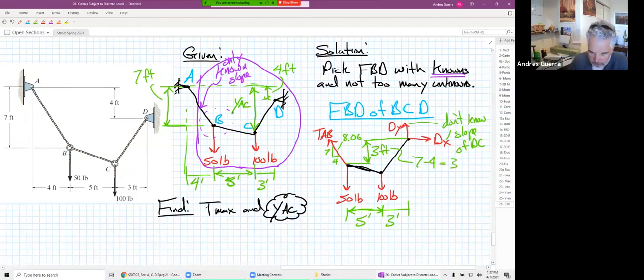Let's also add all of the joint labels here. That's not A, that's B. So this is point B, this is point C, and that's point D up there.